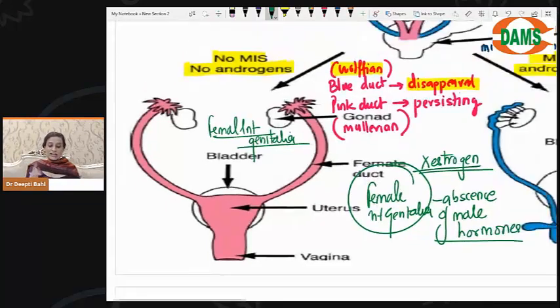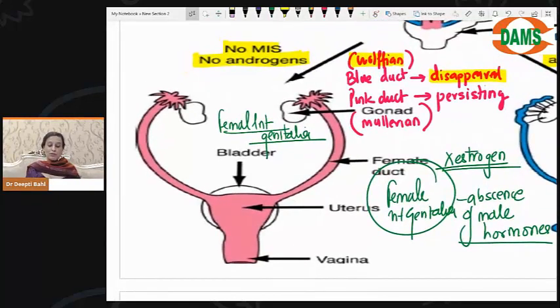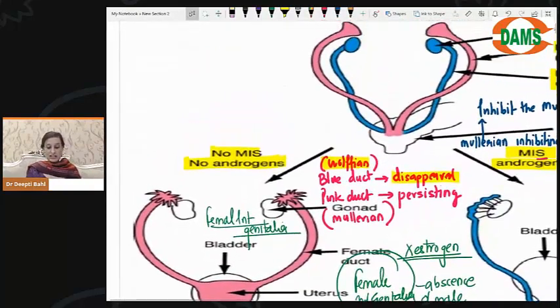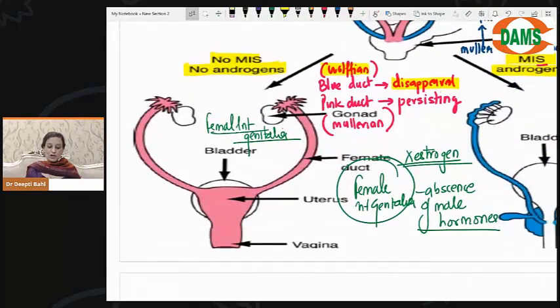The second important thing that you have to pick up from the diagram, okay? Do you realize that there were two Mullerian ducts? Yes, there were two Mullerian ducts initially. But do you realize that eventually only one uterus has formed? Only one vagina has formed?